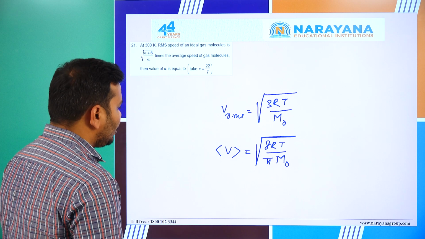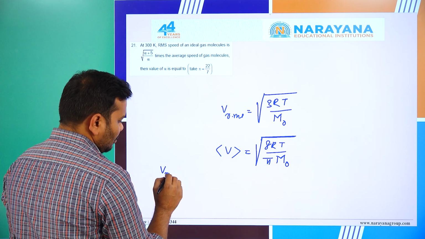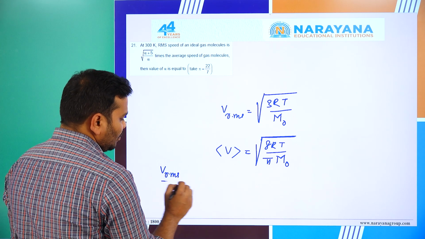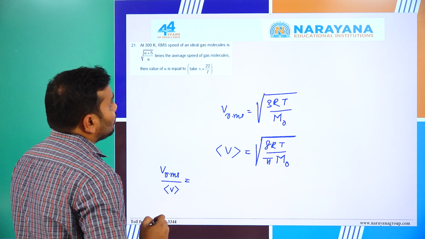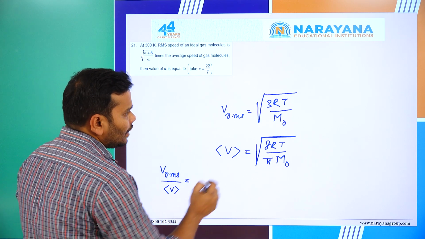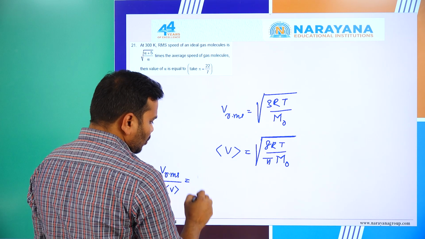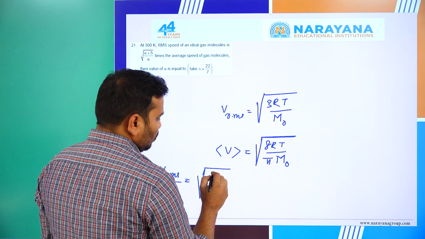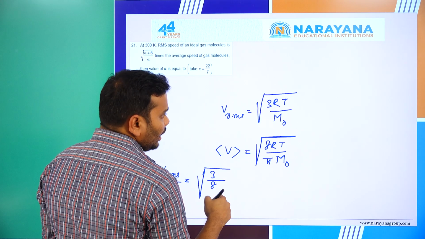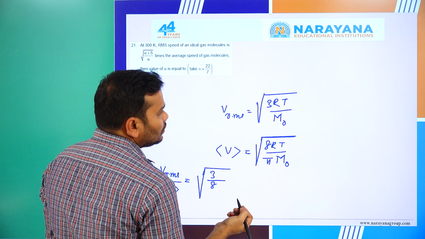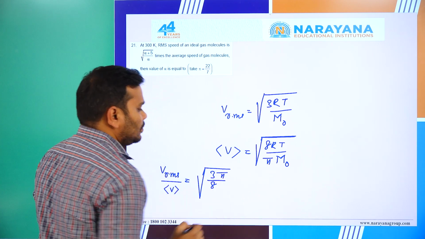Now if you divide these two equations, you will get V RMS by average speed, that is equal to, RT by m naught getting cancelled, root over 3 by 8, and this will be pi.